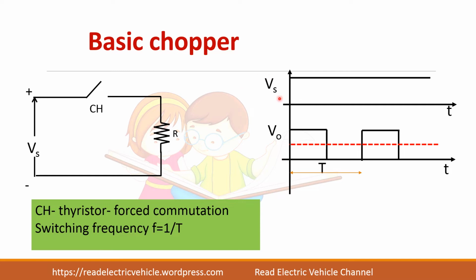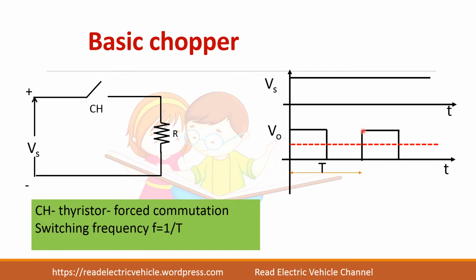Now Vs represents the DC input voltage. When the switch is on, output voltage is equal to supply voltage. So this is on period where output voltage is equal to supply voltage. When I turn off this switch, output voltage is 0.